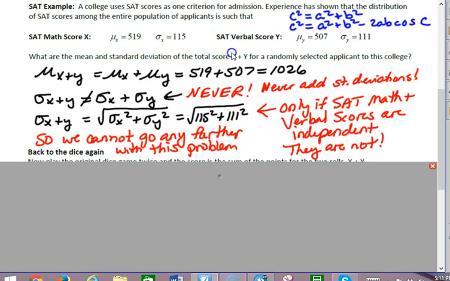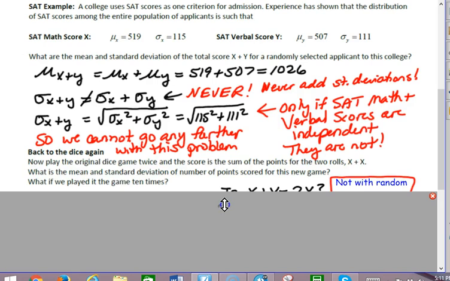Just like the Pythagorean theorem is a special case of the law of cosines, this process that we're doing in AP Stats is the simplified version. There is something that loosely corresponds to the law of cosines in statistics that allows us to deal with non-independent variables when they are combined. So I'm going to erase this now because it doesn't really fit on the notes, but there is a way to deal with this. Okay, now back to the dice again.